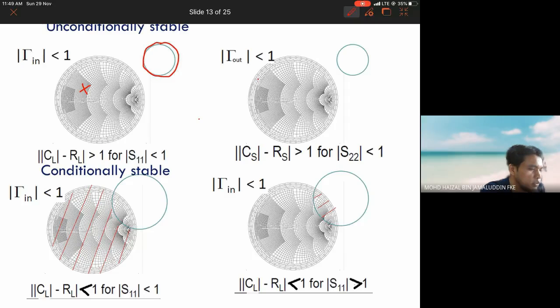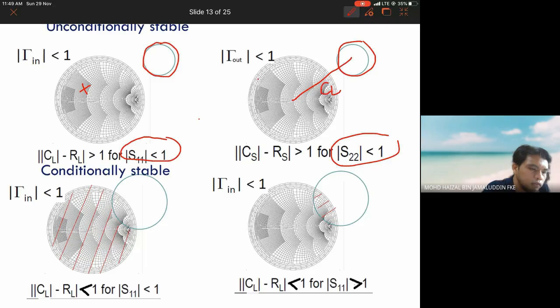This is for the case of the input, and for the output, S22 must be less than 1, and here for the input, S11 must be less than 1. Here also, the stability circle that you drew just now has the center CL and radius RL, which is completely outside of the Smith chart.